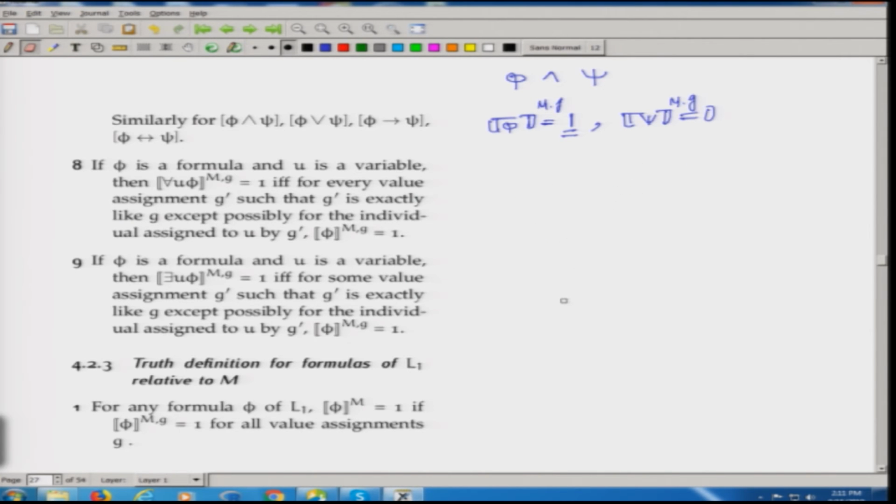Rule 8 is: if phi is a formula and u is a variable, then the denotation of all u phi with respect to m and g is 1 if and only if for every value assignment g prime such that g prime is exactly like g except possibly for the individual assigned to u by g prime, the denotation of phi with respect to m and g prime is 1.